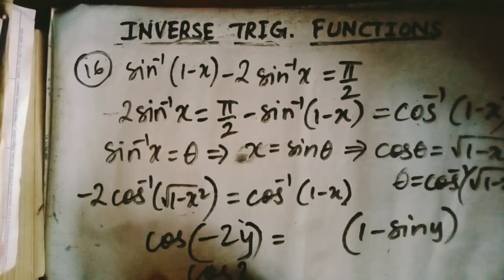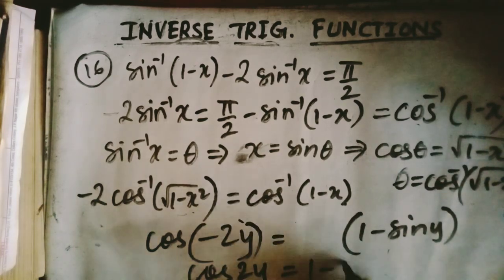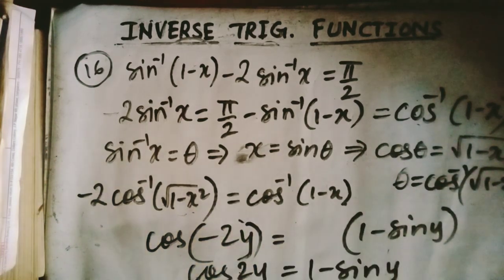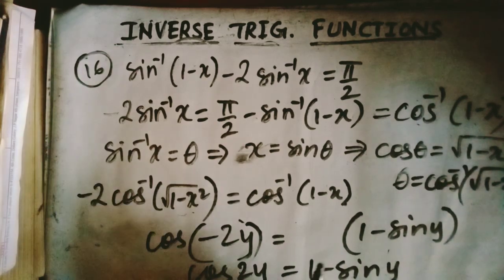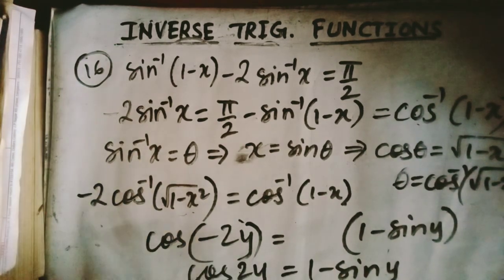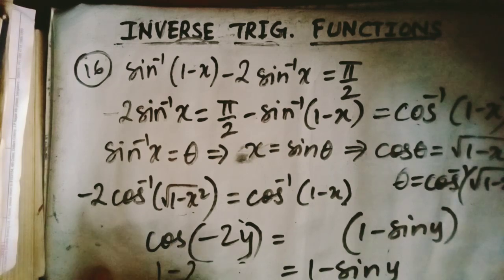So cos of 2y equal to 1 minus sine y. Okay, now you have to change this to sine. So cos 2y we can write it using the trigonometric identity as 1 minus 2 sine square y.